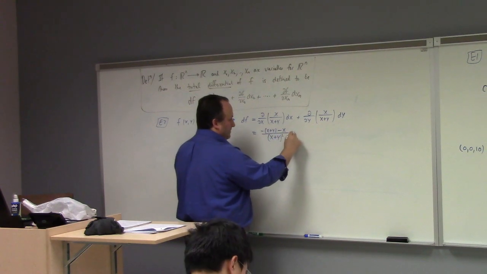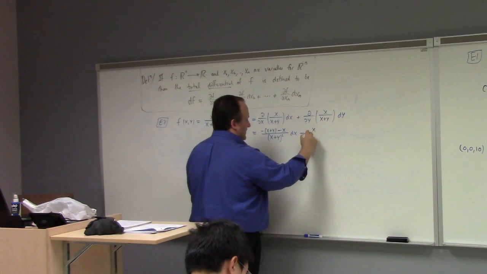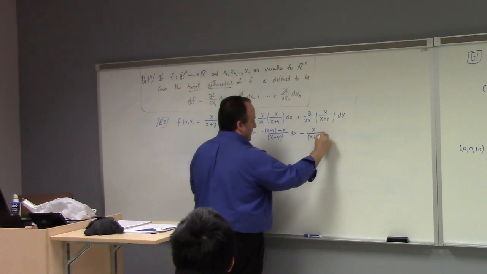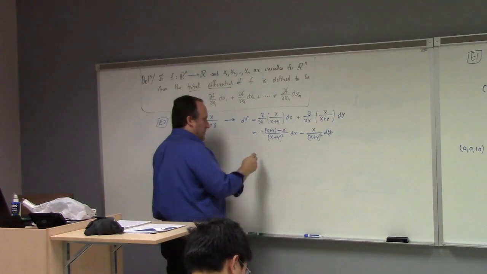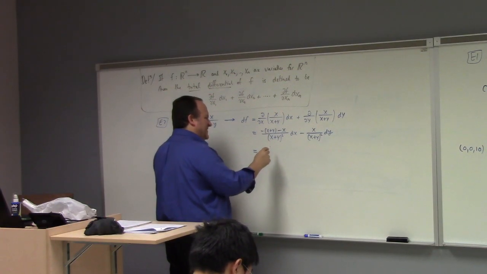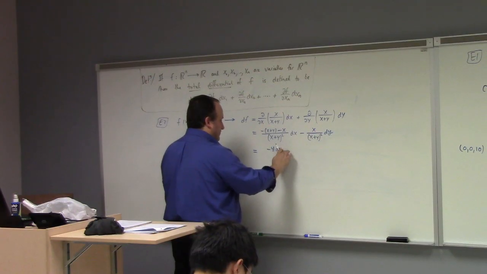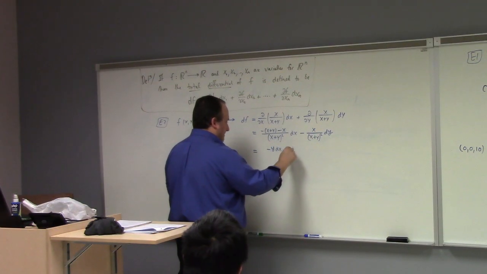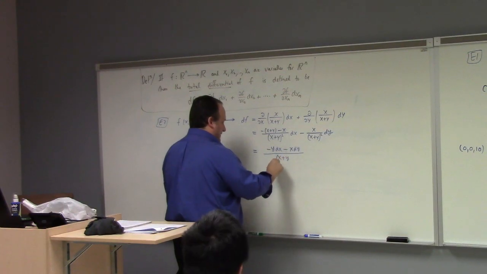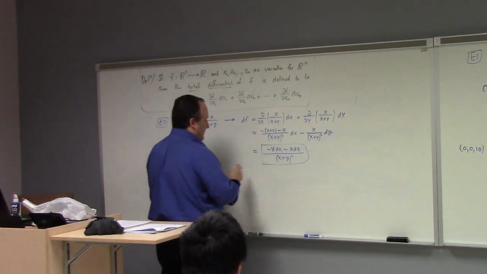That's the quotient rule. And over here, I just get minus x over x plus y squared times dy. Of course, I can clean that up a little bit. I think the x's would be canceling, so I've just got basically minus y dx minus x dy divided by x plus y squared. That's allowed. That's the total differential of the function.